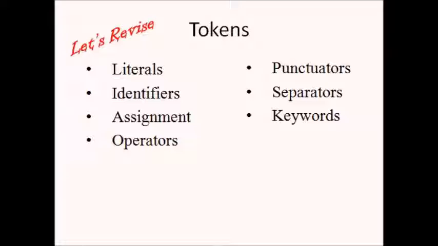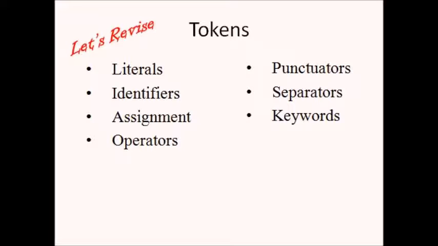The different types of tokens in Java are literals, which are also called as constants having the fixed value, identifiers whose value may change during the execution of the program, assignment, that is an assignment operator which is used to store the value in a variable, operators to specify the operations to be performed, punctuators, which are the symbols like comma, curly braces, etc. Separators, which are used to separate the variables. Keywords, which carry a special meaning for the Java compiler.